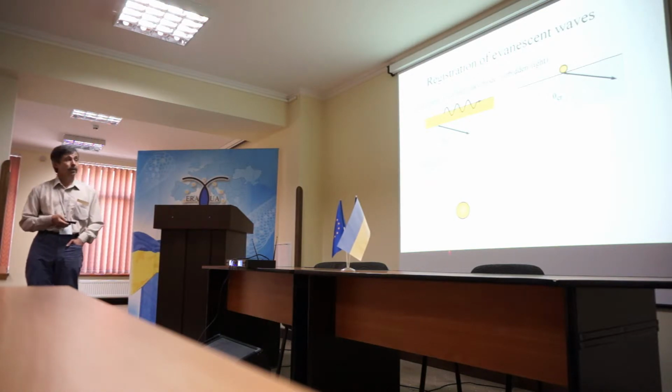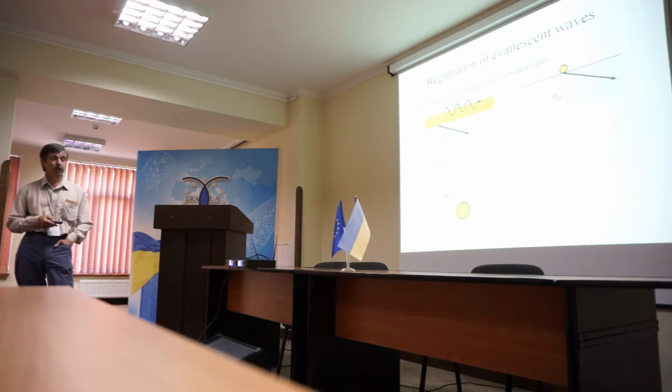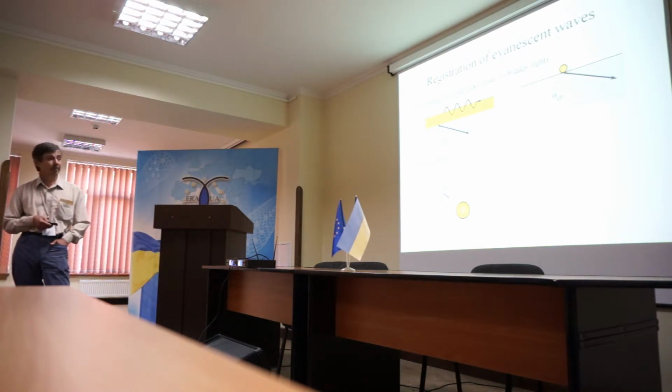So if you take our small object and shine light on it, the information about the size of this object, if it's subdiffraction, will be hidden in the decaying near field. But if we take a second object of a similar size and put it into the area of localization of our decaying field, this object, by reciprocity, will transfer this decaying near field to a propagating one, and we can register it.